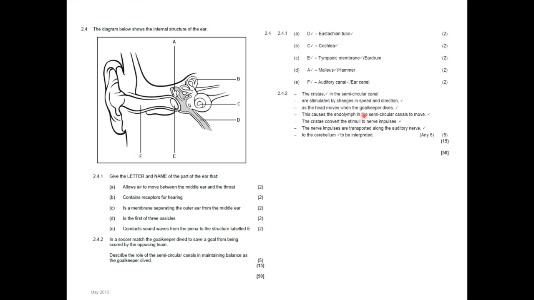As the head moves when the goalkeeper dives, this causes the endolymph in the semicircular canals to move. The cristae converts a stimulus into a nerve impulse. The nerve impulses are transported along the auditory nerve to the cerebellum to be interpreted. Again, any 5 of these points would have got you 5 marks.